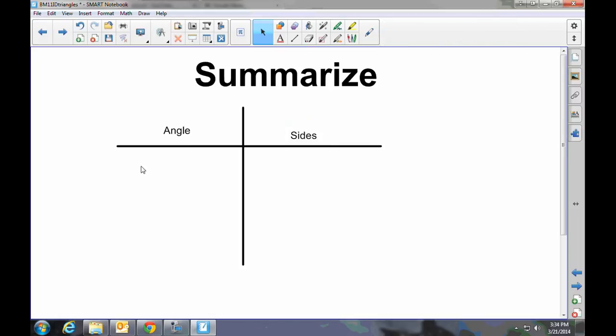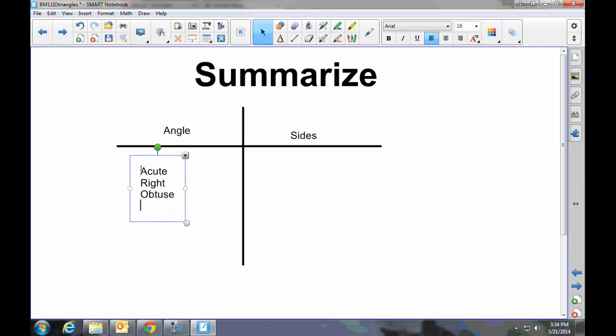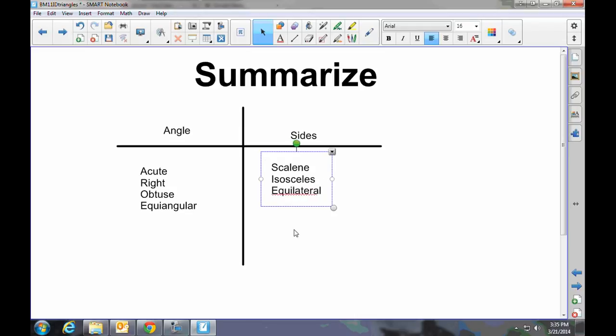Okay, by angle, we had acute triangles, we had right, and we had obtuse, and we can even throw in that equiangular as well. As far as sides go, when no sides are equal, we call that scalene. With at least two sides equal, we call that isosceles. And when all three sides are the same, we call that equilateral. Okay?